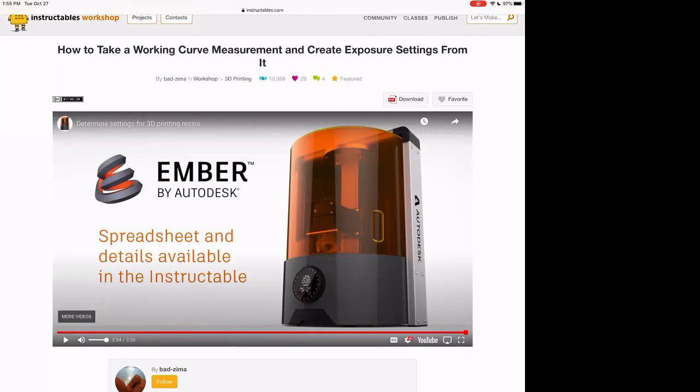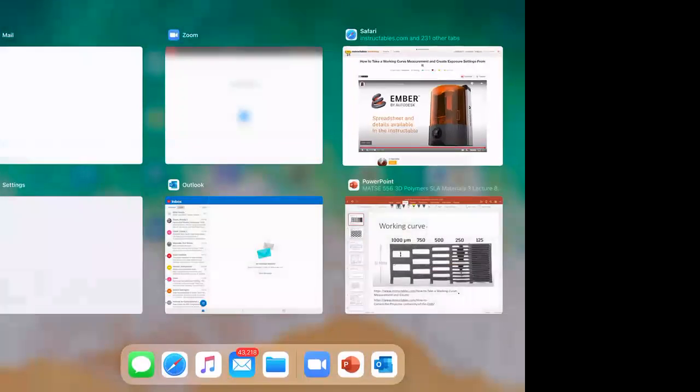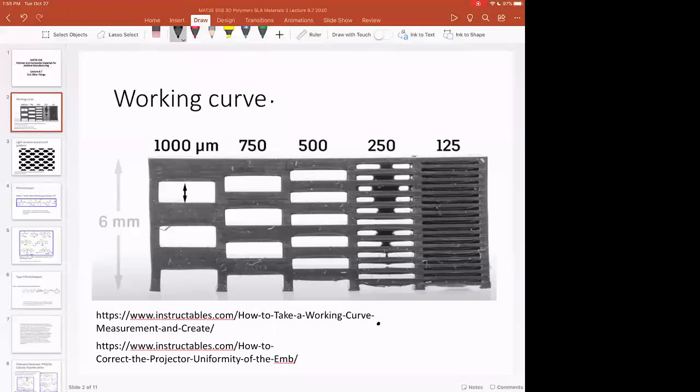Okay, so that's all very interesting, and it gives you an idea of what's needed to develop high fidelity prints if you're having resolution issues, if you have a new resin and you don't know how to cure it. Of course, this relies on being able to change the printer settings, which if you walk up to a Carbon printer with a certain Carbon resin, the printer is already calibrated for that resin.